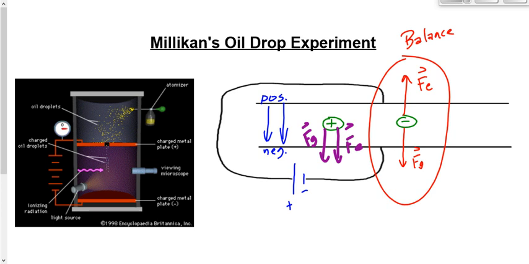How do we analyze either one of these problems where the forces do not balance each other? Well, we do the same thing as we did back in Physics 20. When we have 2 forces that don't balance each other, we say the net force is equal to the sum of the forces. In this case, it would always be Fe plus Fg, the electric force pointing whichever way, plus the gravitational force that's always going to point downward.